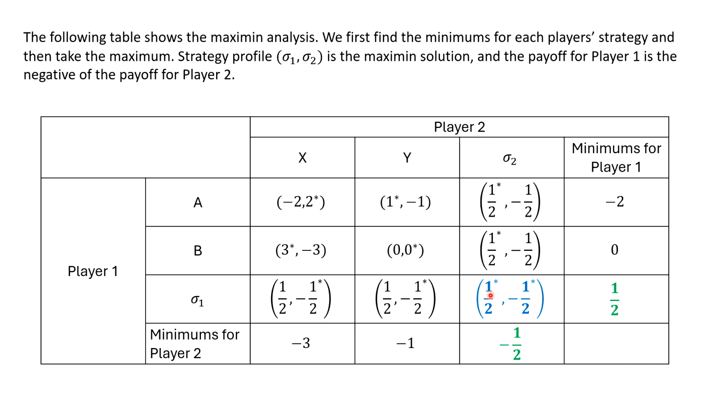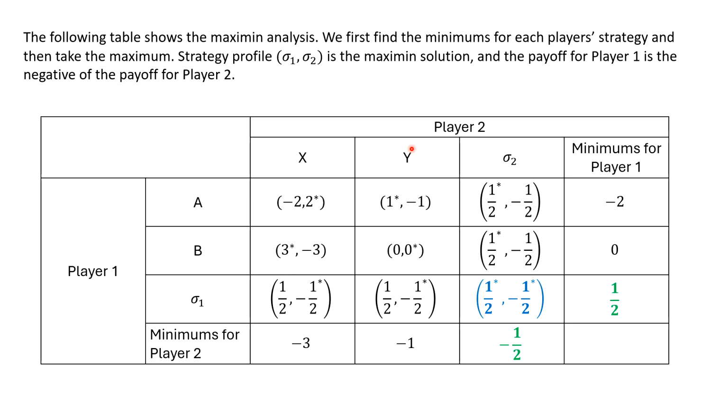And what I also did on this slide was the analysis for the Nash equilibrium, which turns out to be this here. We can go through it quickly. So for player 1, if we look across and we see what is the best for player 1, if player 2 plays X, that would be 3.